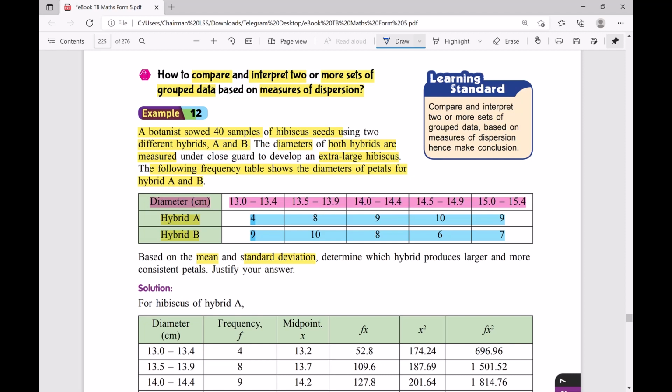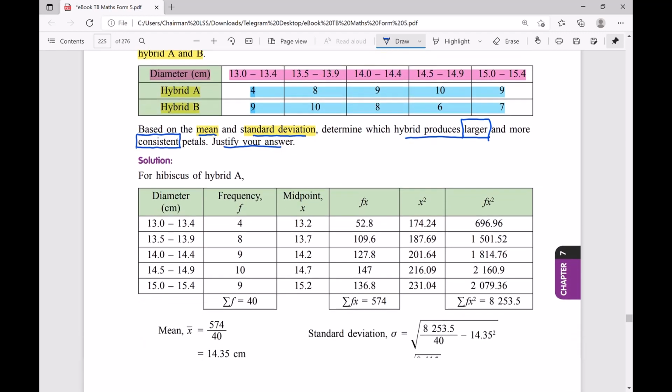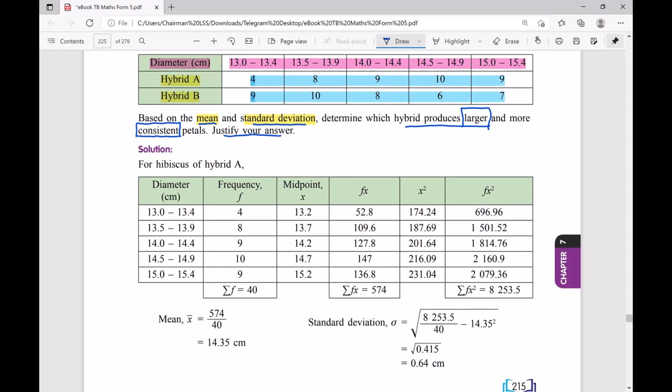Based on the mean and the standard deviation, determine which hybrid produces larger and more consistent petals. We have to justify your answer. So let's look at how to do it. We start with hibiscus hybrid A first.